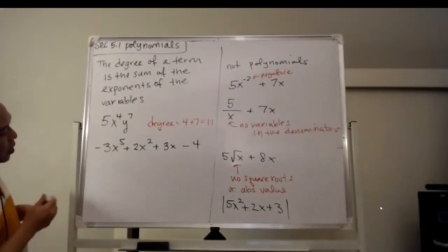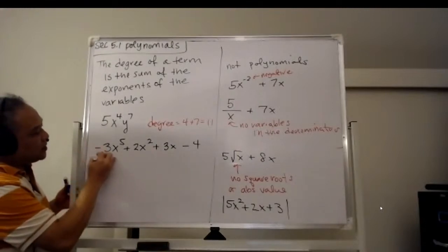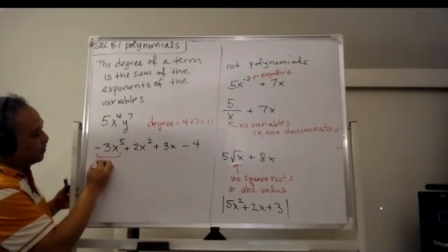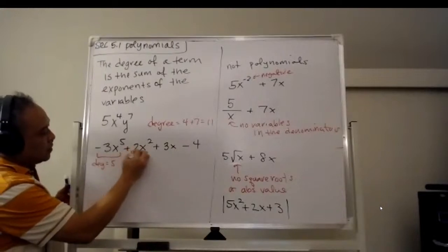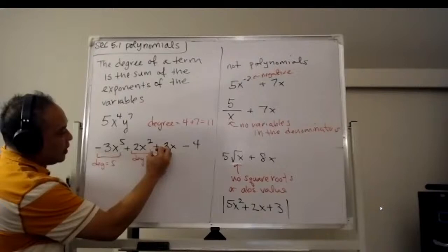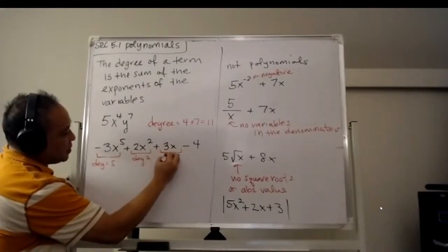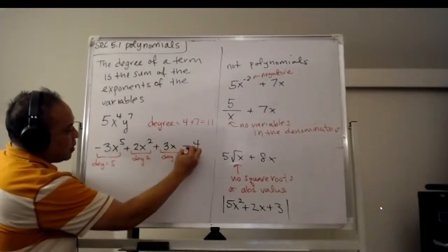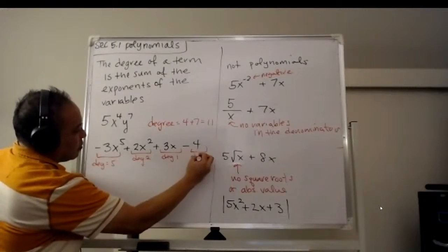Okay. So this term itself is degree 5. This one over here is degree 2. It's whatever the exponent is. This is the degree 1 term. And this is degree 0.